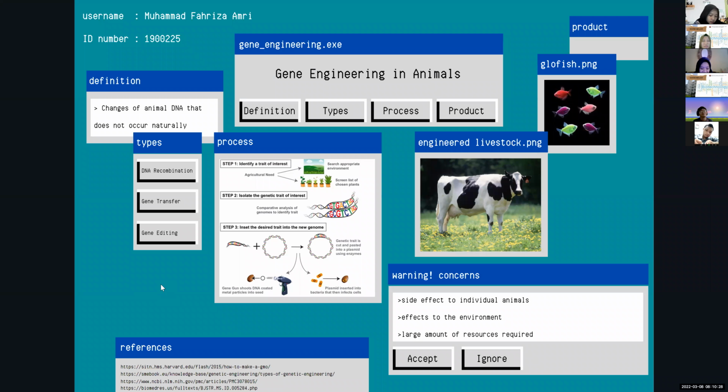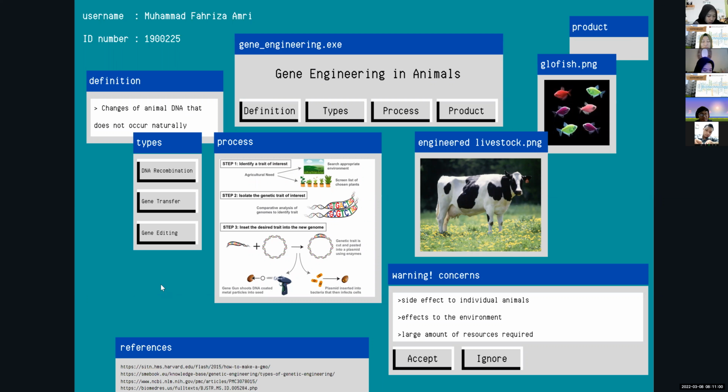Thank you very much, Fahriza, for the great presentation about genetic engineering in animals. I would like to clarify about the types in here. Number one is DNA recombination as a type of genetic engineering in animals. I would like to clarify, is DNA recombination the same or different from the DNA recombinant technology in Miss Arni's presentation last week?